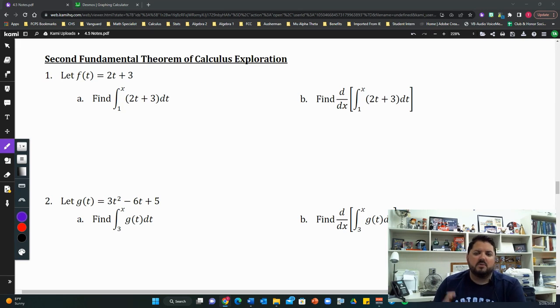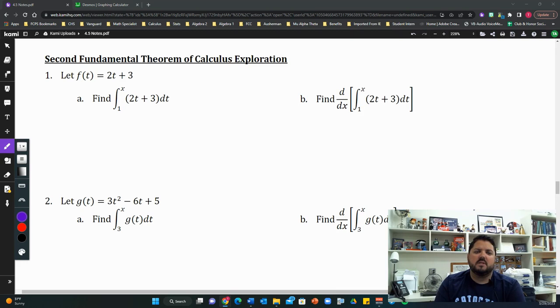So for these problems, you're going to see t's used a lot. And the real issue is that the variable of integration, this guy, t in this case, has to match up with the variable used in the actual function expression. But what we're going to see here is that all of these examples use variables in our bounds of integration, and there's a particular reason why and how that interacts with the whole process.